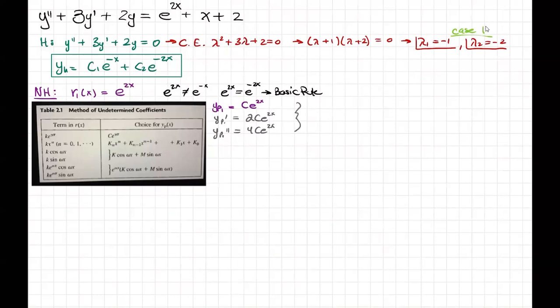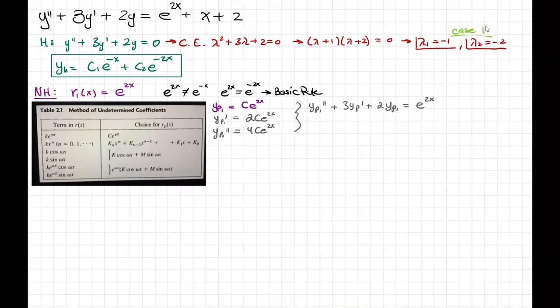We put this in our original equation, which is yp1 double prime plus 3yp1 prime plus 2yp1 equals e to the 2x. I'm only focusing on that part.